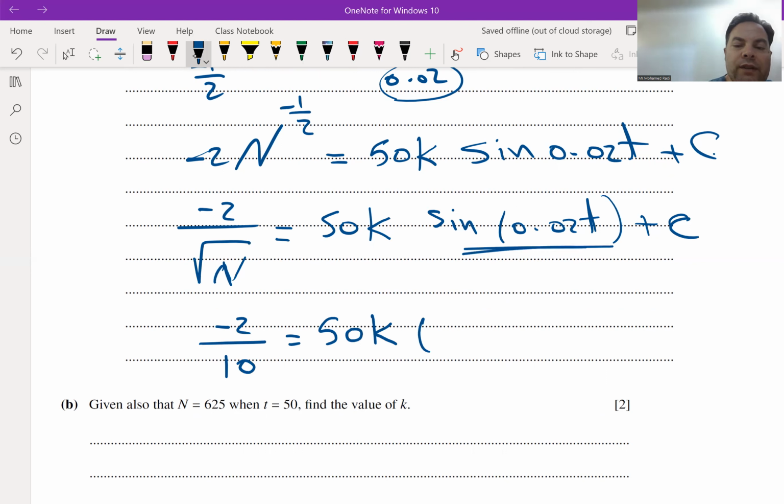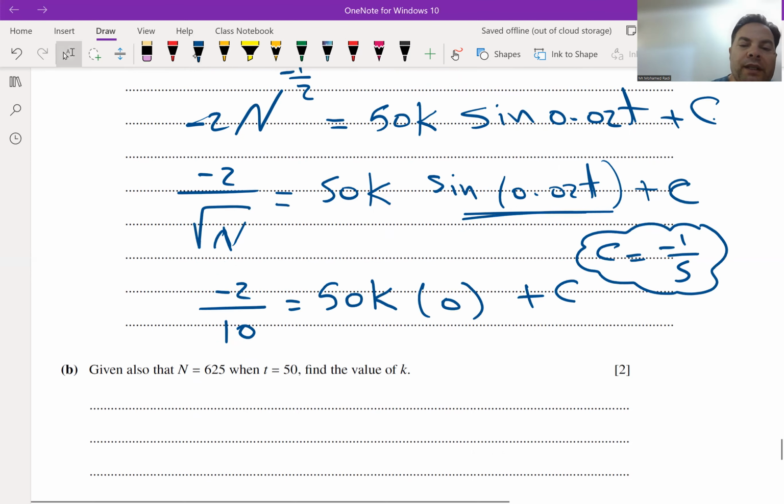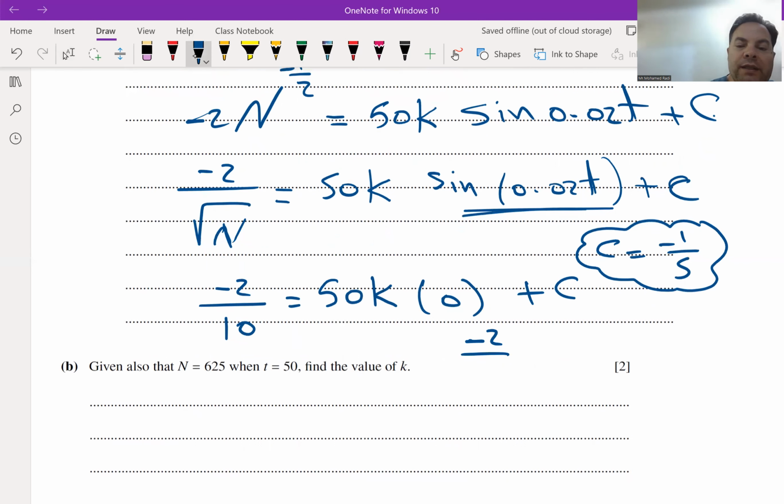Sine 0 is 0, so c equals negative one fifth, negative 1 over 5 or negative 0.2. So the final answer is negative 2 over root n is equal to 50k sine 0.02t minus 1 over 5. This is the final answer.